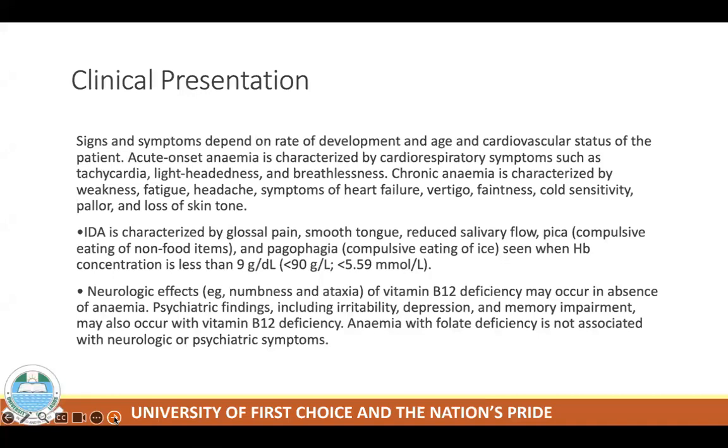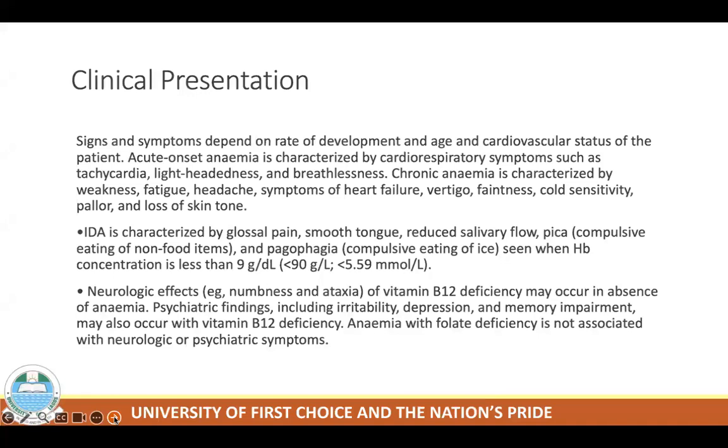There's reduced saliva flow. There's pica, which is compulsive eating of non-food items. And then there's this desire to always chew on ice blocks as well. Pagophagia, which is a compulsive eating of ice. And most of this is seen when anemia is present, right?